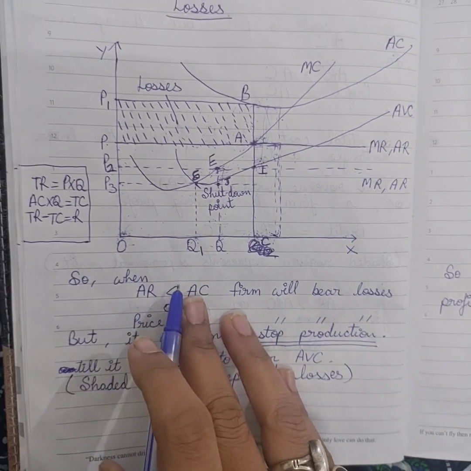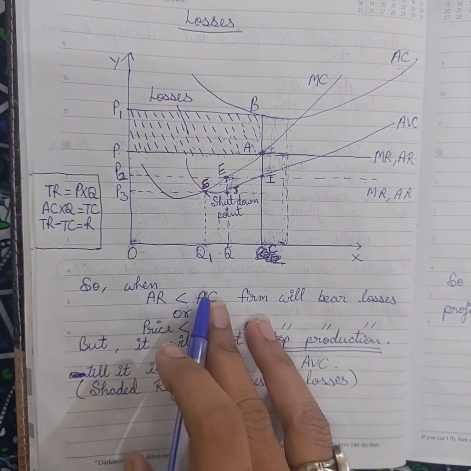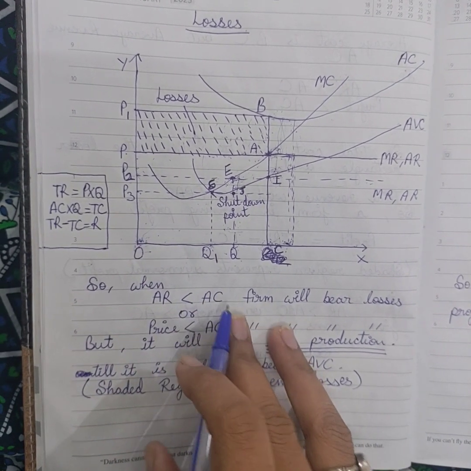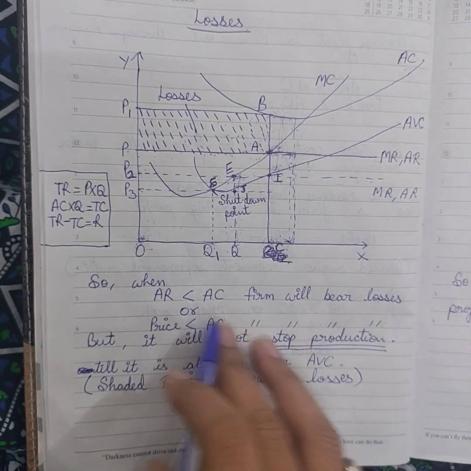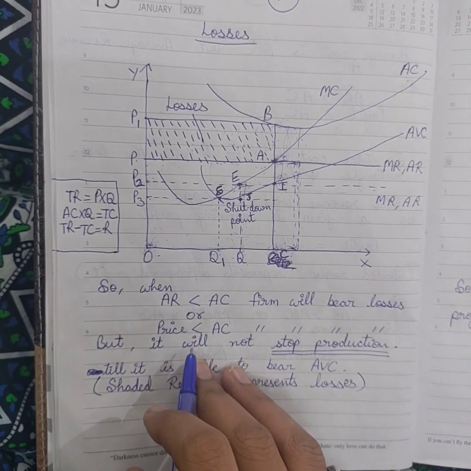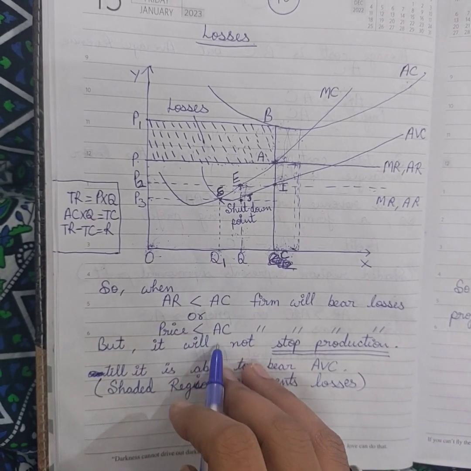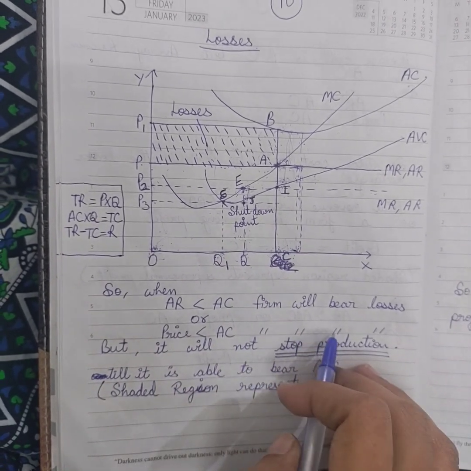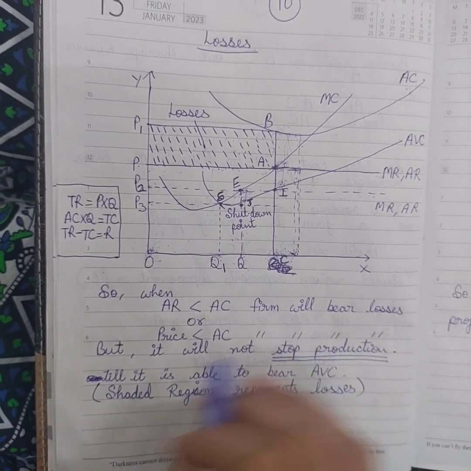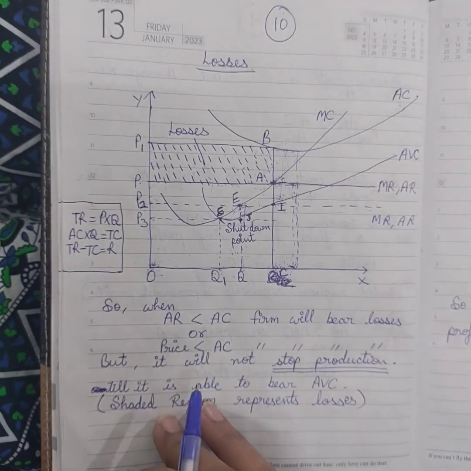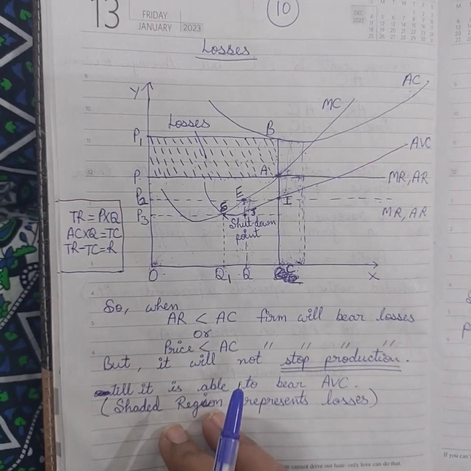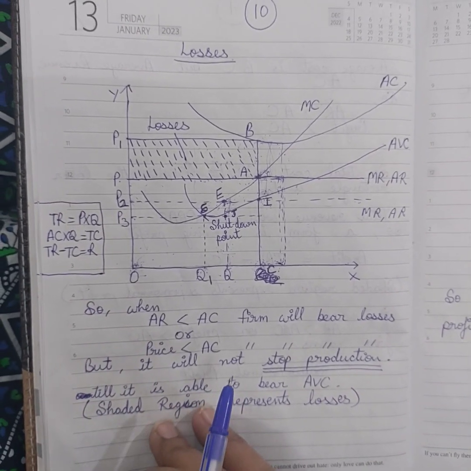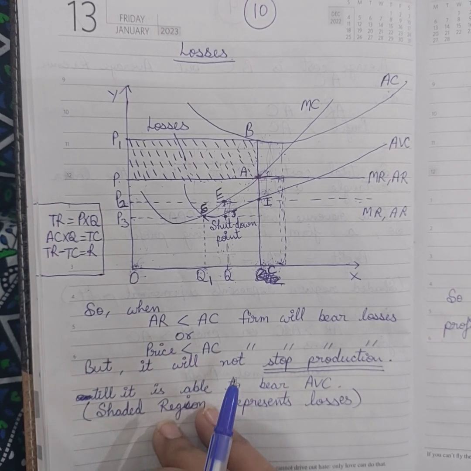So when average revenue is lesser than average cost, the firm will bear losses, or it can be said when price is lesser than average cost, the firm will bear losses. Understood? I hope you all have understood this, the second situation in perfect competition, what will happen if a firm bears losses.